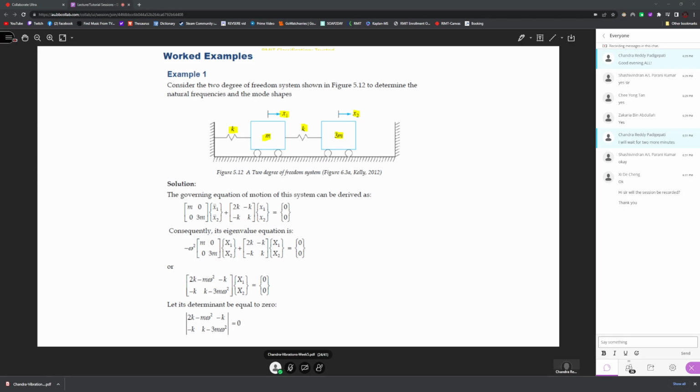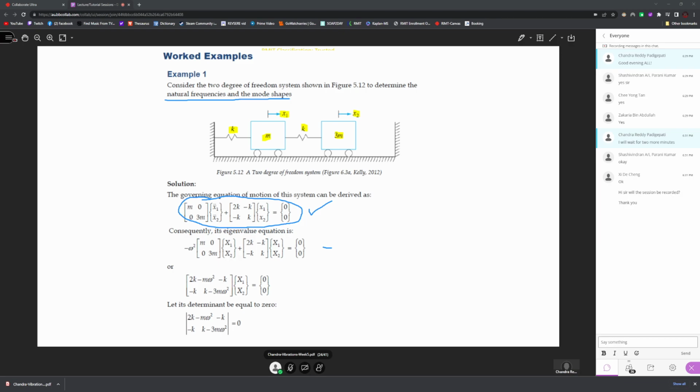All right, so this is an example which we have seen in the last session also. Earlier we have done this for omega 1 and omega 2. So now here we are solving for the natural frequencies and the mode shapes. First, based on the combination of the masses and stiffness coefficients, we can write the equation of motion in matrix format.